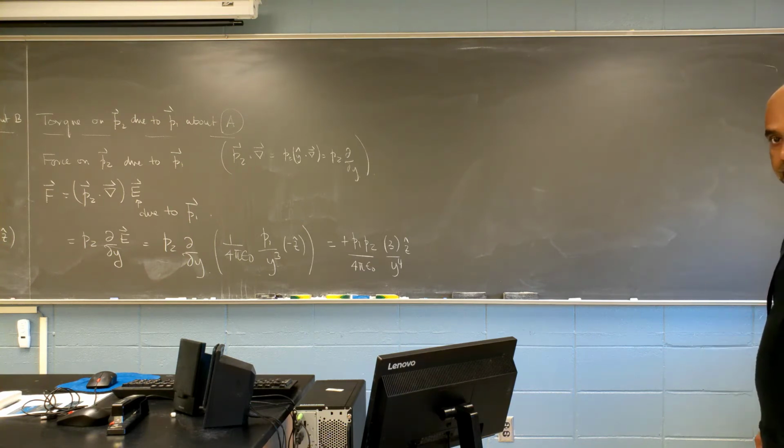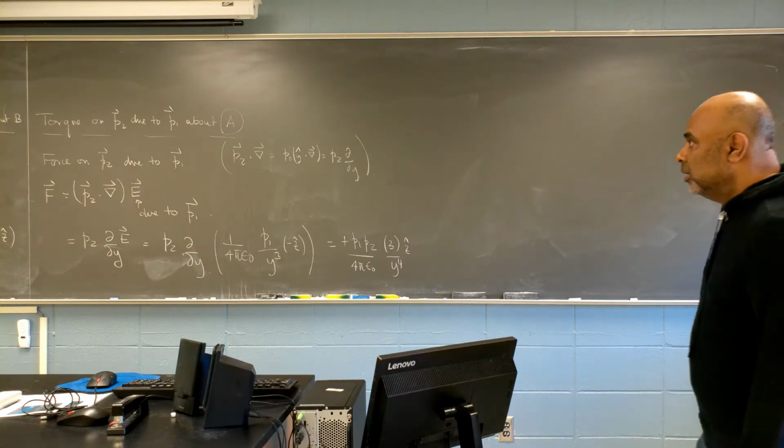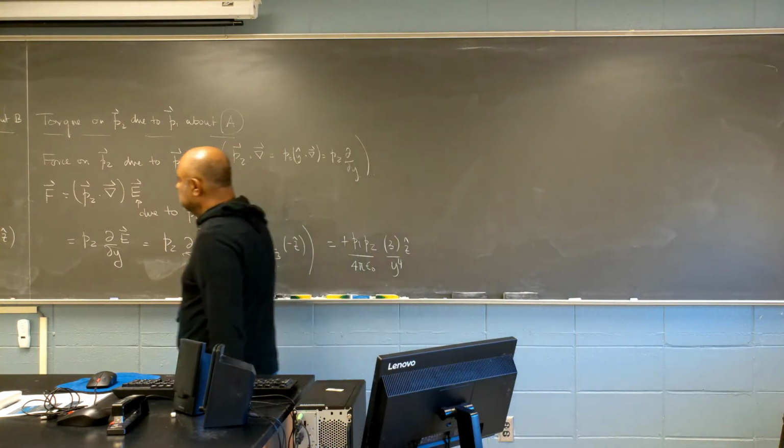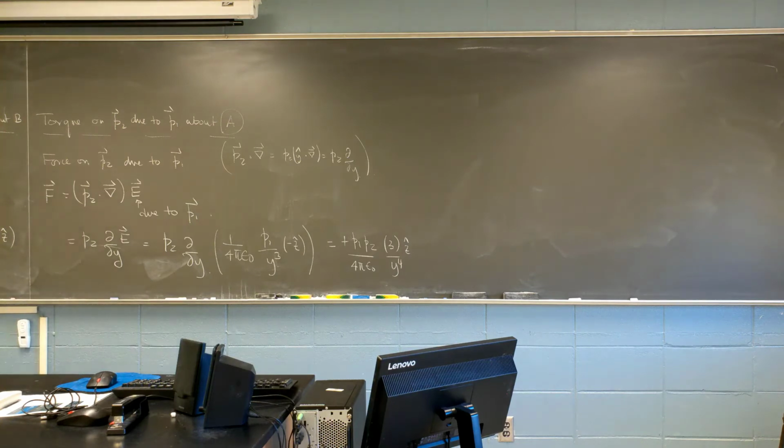Ashik, you're not happy. Remind me how was the negative z hat again? So it's the electric field at this point due to this guy. So I'm putting theta equals pi over 2. So when I put theta equals pi over 2, this goes away.